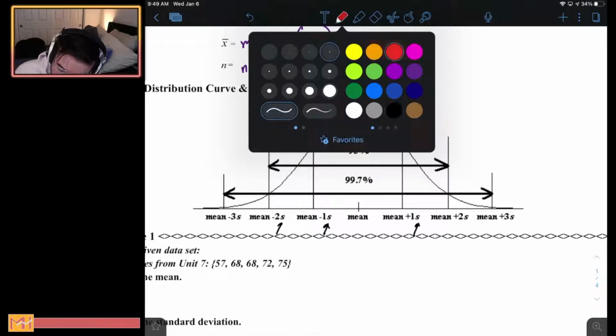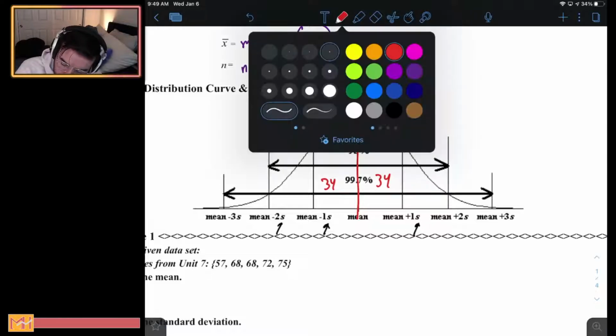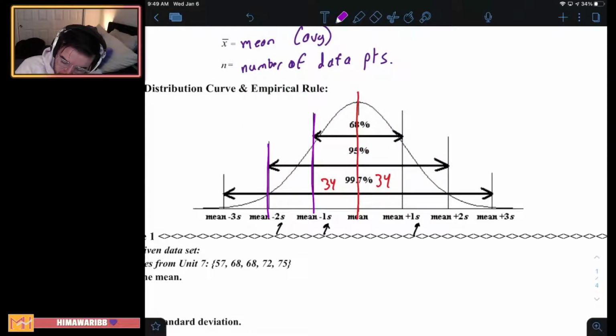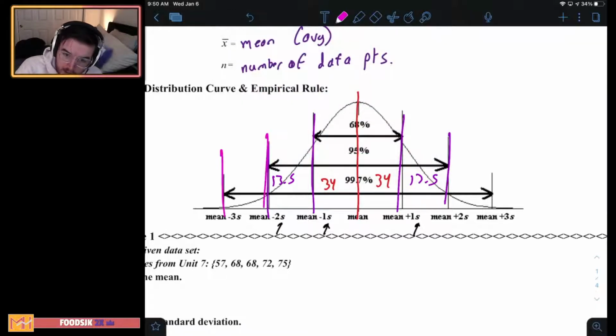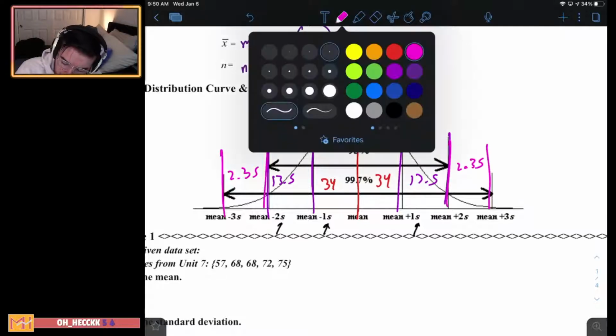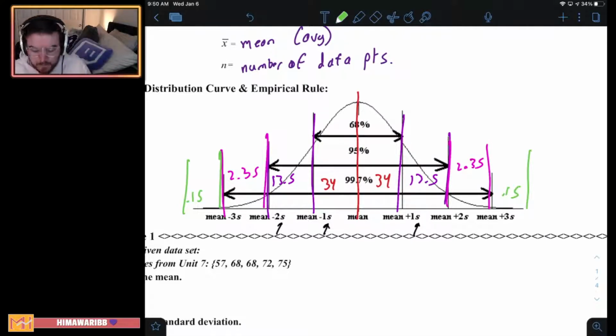And we can break this up even better: this is 34 and 34, then this piece right here and this piece right here are 13 and a half, 13 and a half, and this data out here is 2.35 and 2.35. And then lastly, this data out here is 0.15, 0.15.